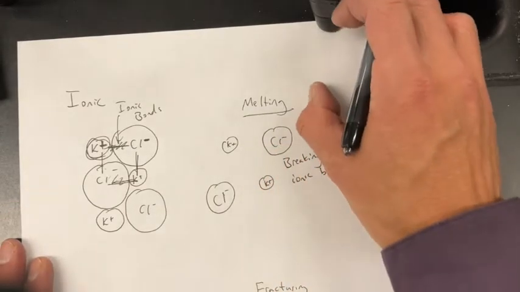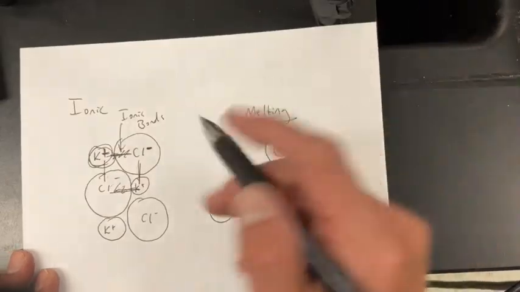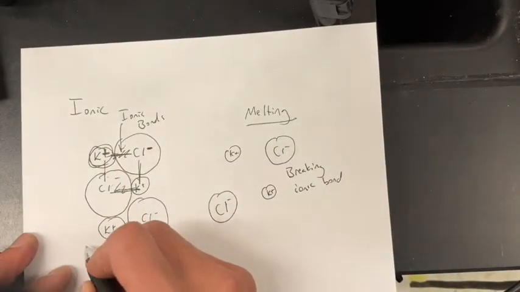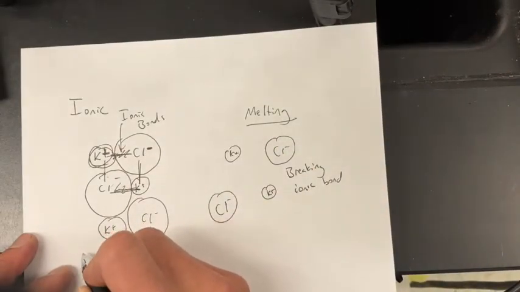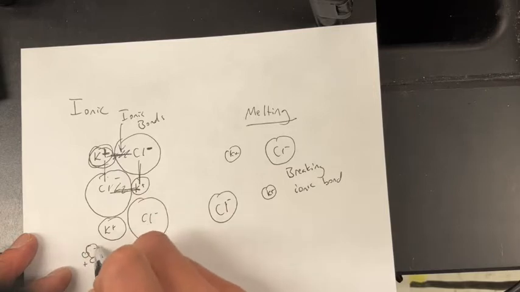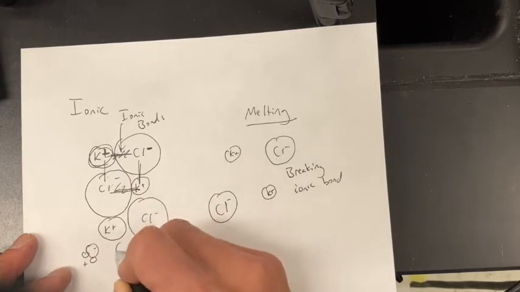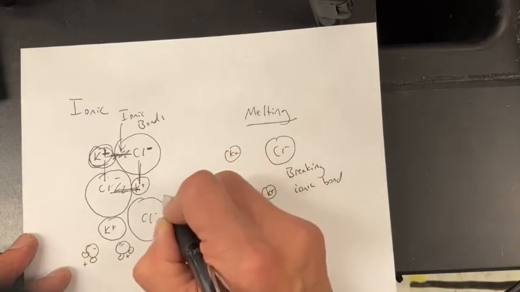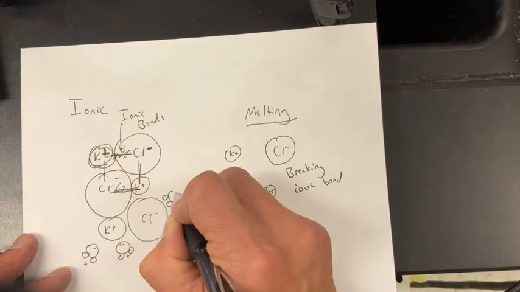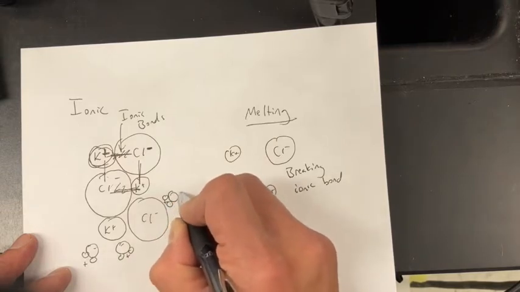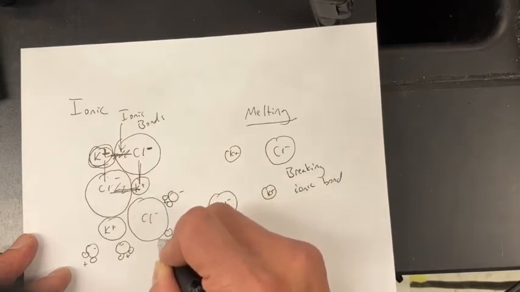When we dissolve an ionic substance, I showed in the video, we had these little water molecules, and let's say I have a water molecule here, and water molecules have a negative side and a positive side. Well, this negative side is going to get attracted to this K here, so this water molecule comes in and grabs this K, or these positive sides on this water molecule come in and grab this Cl.